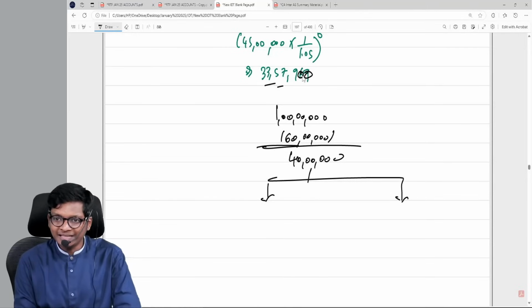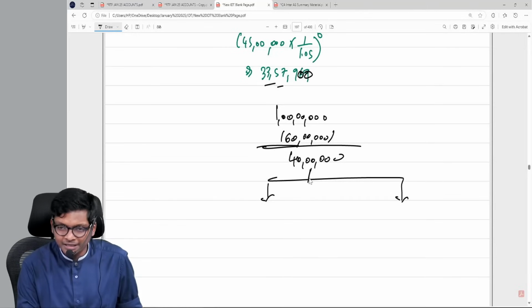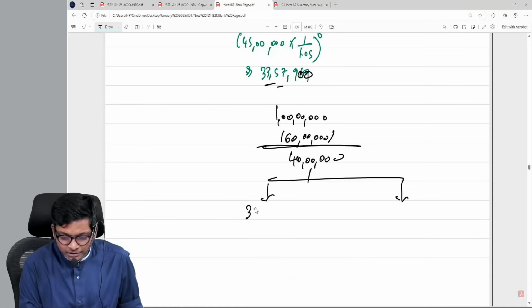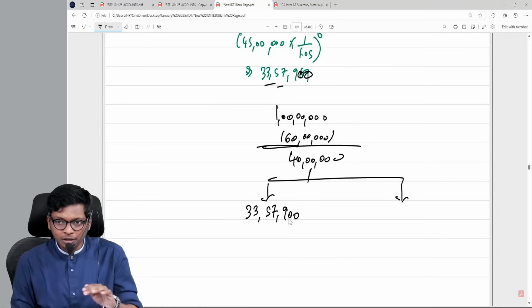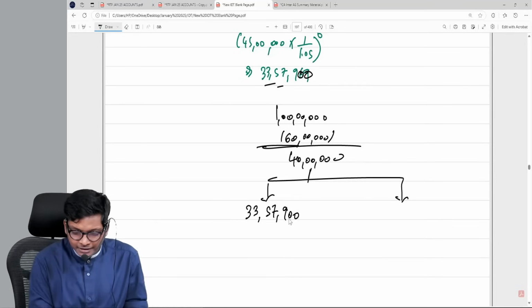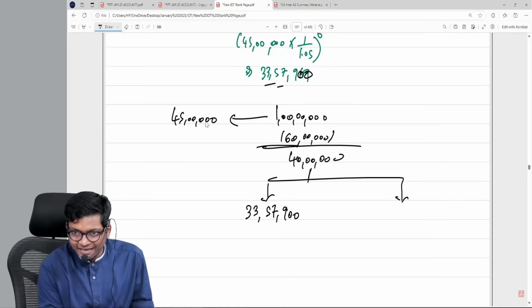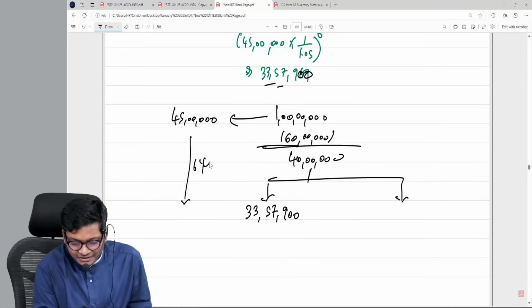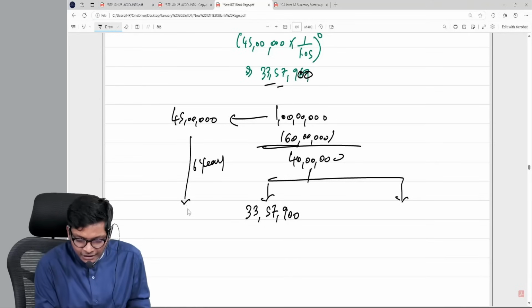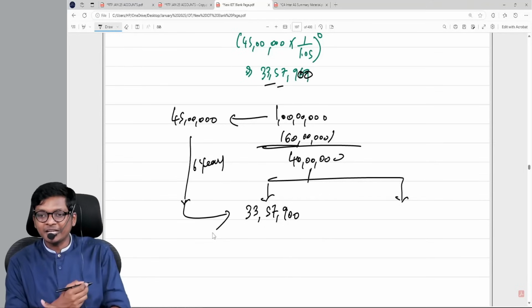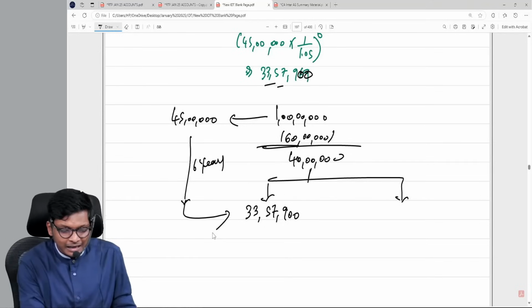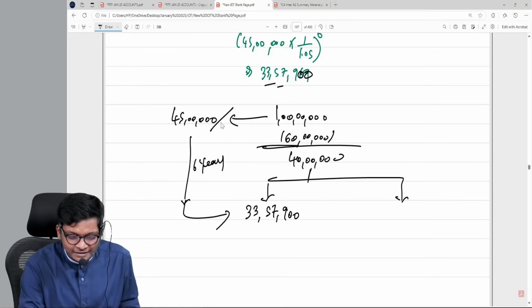So what they are saying is, in this 40 lakhs, the turbine is costing 33,57,900, not the new turbine. See, 1 crore corresponding turbine is 45 lakhs, but after 6 years, this value is 33,57,900. Sir, can I directly divide 45 lakhs by 6 and depreciate?